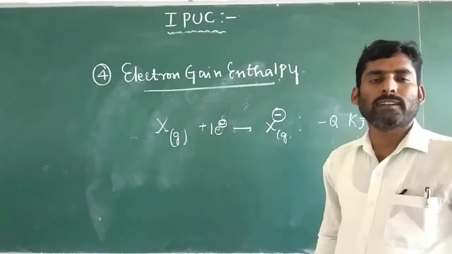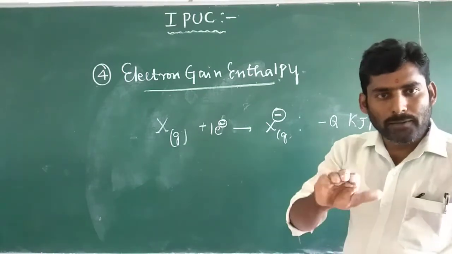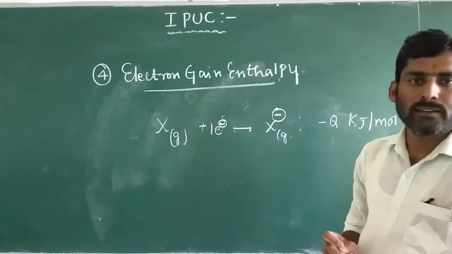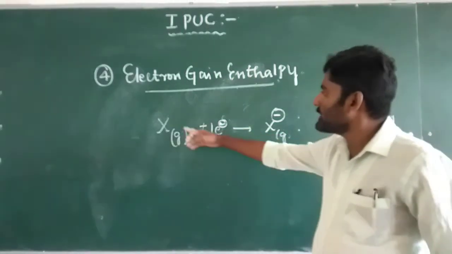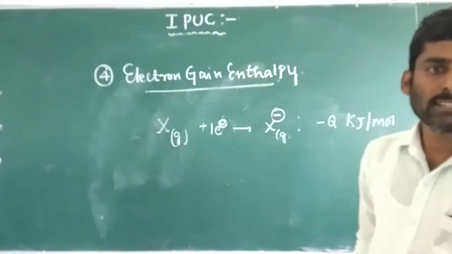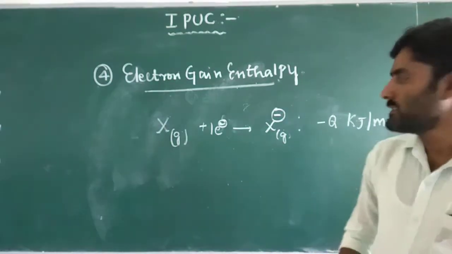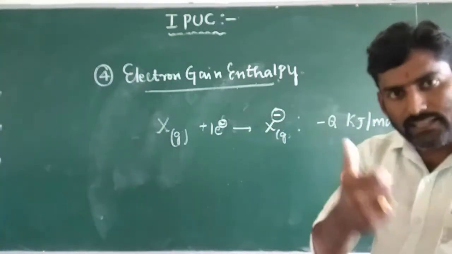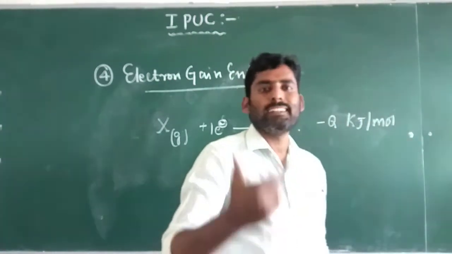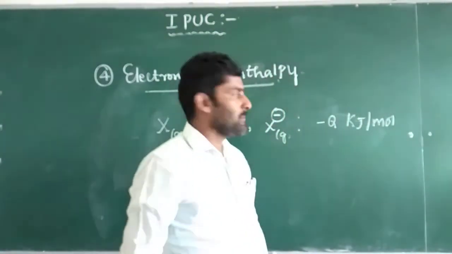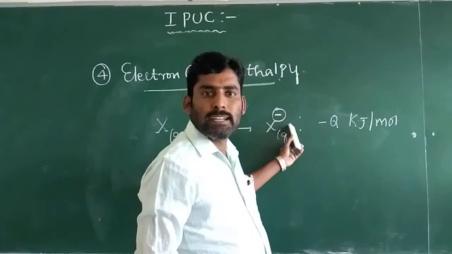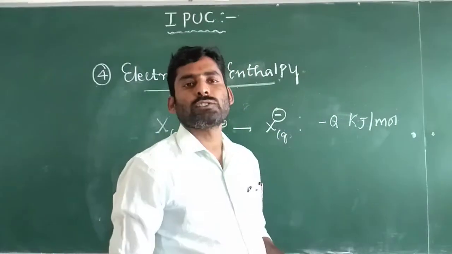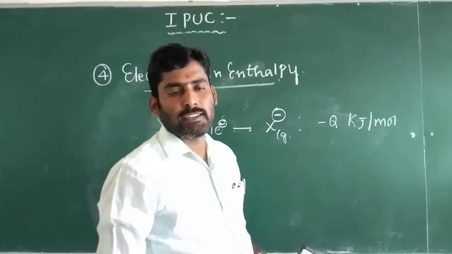It is also defined as the enthalpy change whenever an electron is added to the neutral gaseous atom in the ground state to become a negative ion. Generally, when the electron is added to the atom, the ion becomes negative and the energy is released, exothermic.